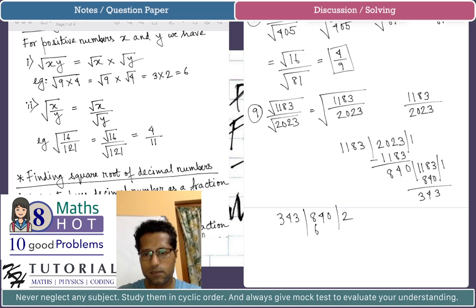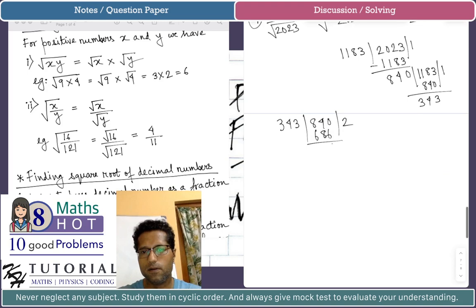So 686, and we have the remainder 154, and then we again divide 343 with 154 and we get 2.